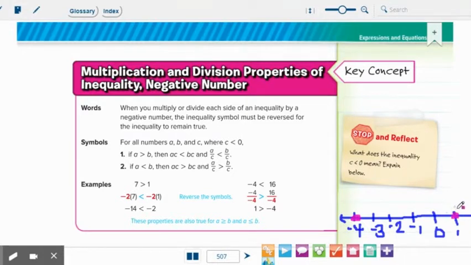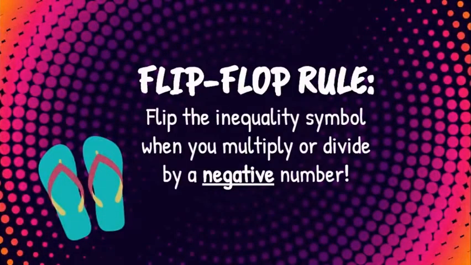As you can see, +1 is greater than -4. We had to flip the inequality symbol. If we did not and we still kept it the same, it would say +1 is less than -4. But that is not true. This is called the flip-flop rule. The flip-flop rule is when you flip the inequality symbol when you multiply or divide by a negative number.